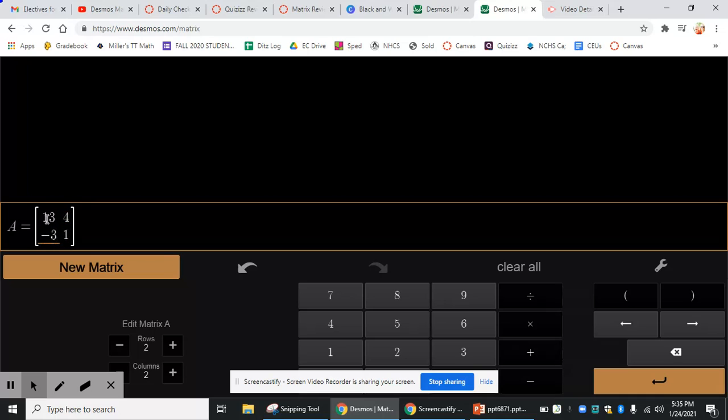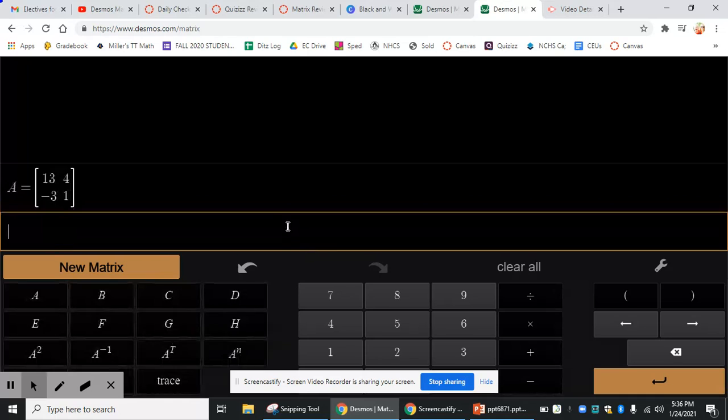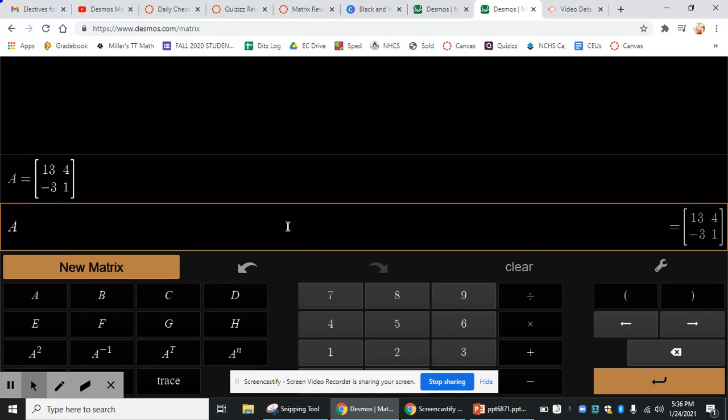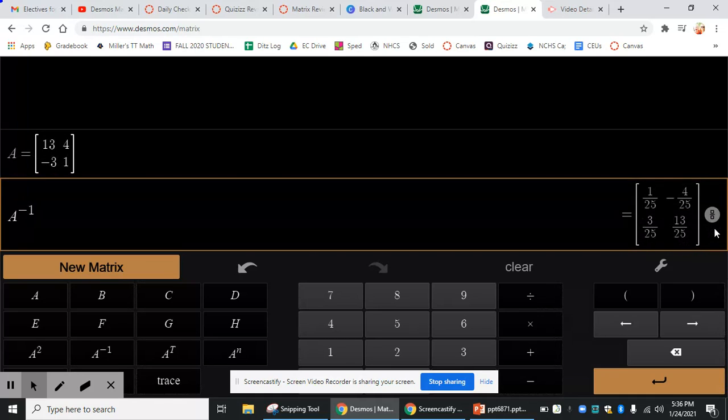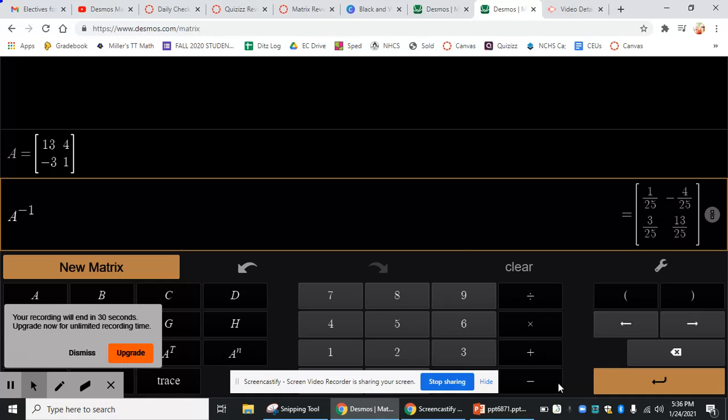Then you can go to a new line and type A to the negative first power, and boom, it gives you the answer. Click this button right here and it converts everything to a fraction. And just like that, you're done. So take 2 minutes to do it by hand or take 30 seconds to do it in Desmos. Either way, we got the same answer.